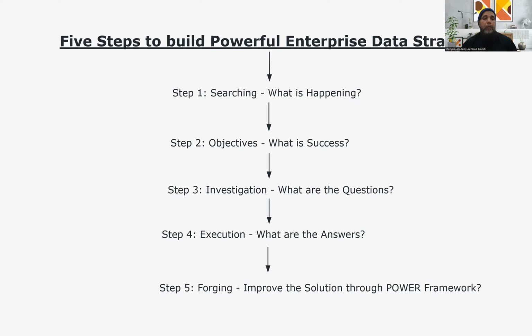All these big players provide these capabilities so organizations can get the best of their data and information itself.